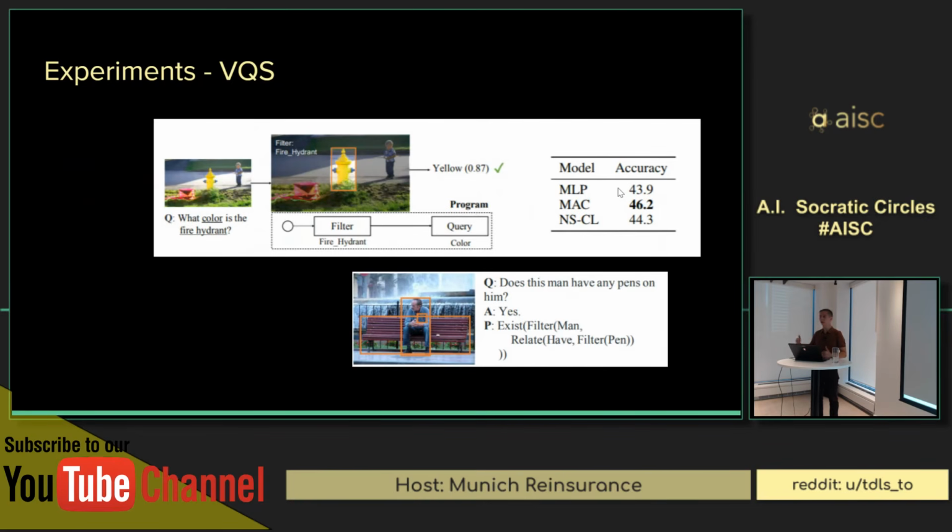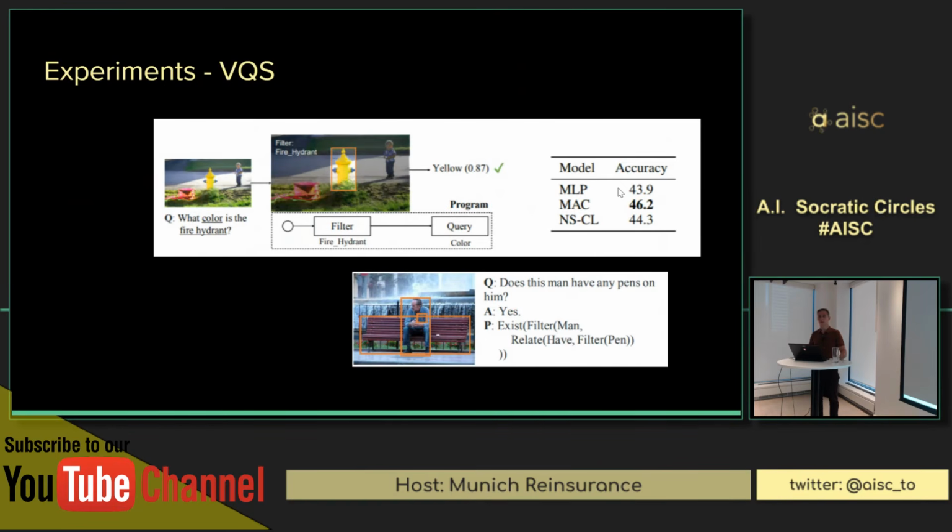So you basically have to have all these different concepts of fire hydrant and horses and whatever it is in the VQA dataset, and you have to have separate concept embeddings for each one of them, and it makes training for this application pretty much impossible in this setting.